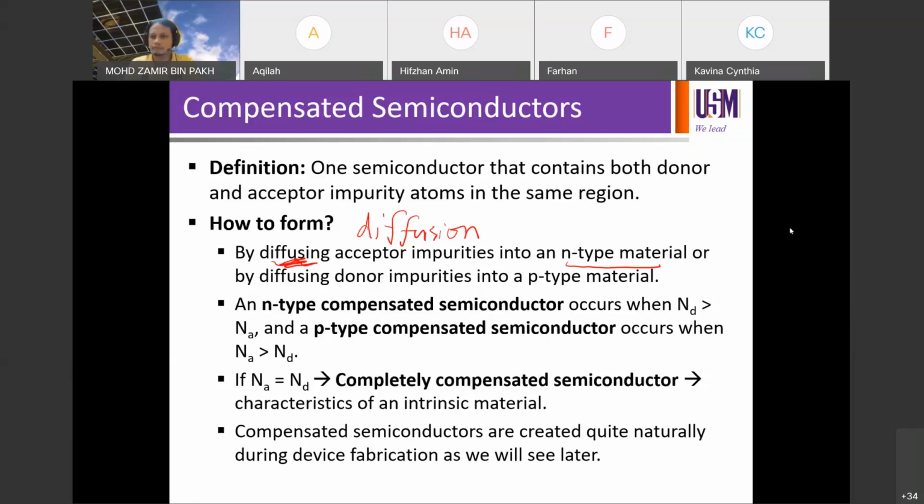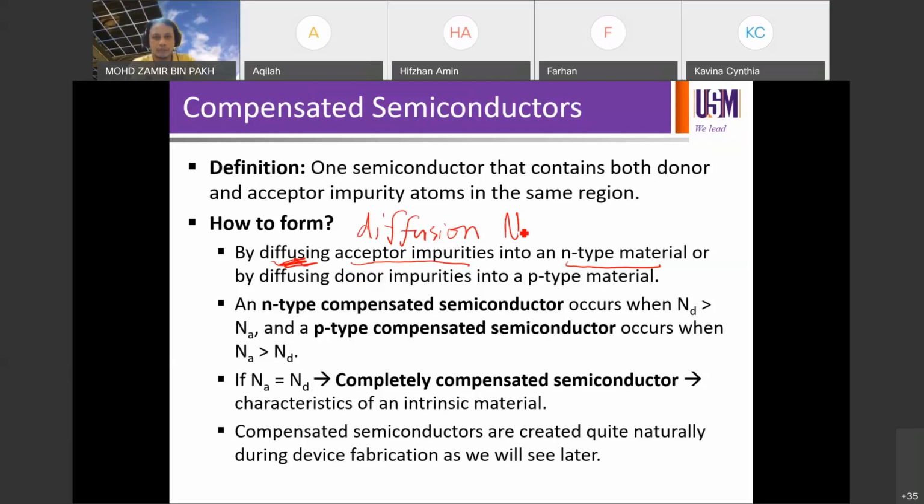Anyone? Electron, right? So in order to compensate the number of carriers, you are actually canceling them out more or less effectively. So you need to incorporate opposite dopant atoms. In this case, you need to incorporate acceptor atoms, which will introduce more holes into the lattice.